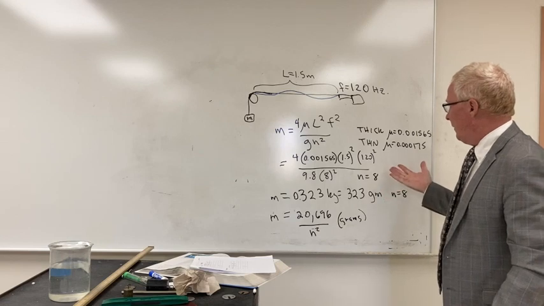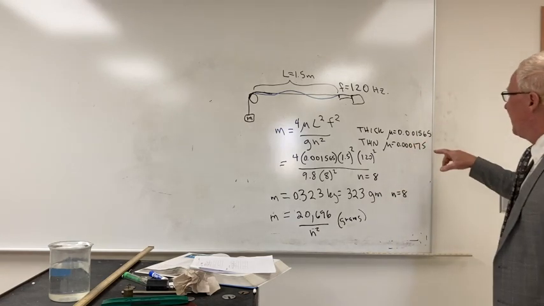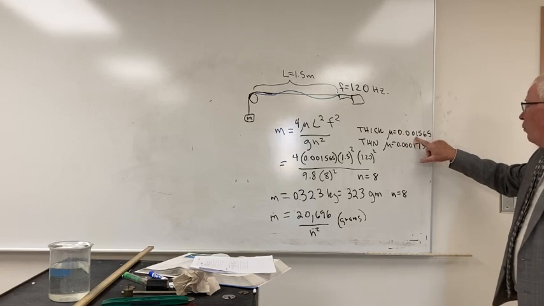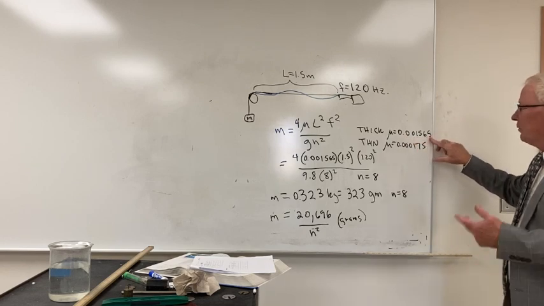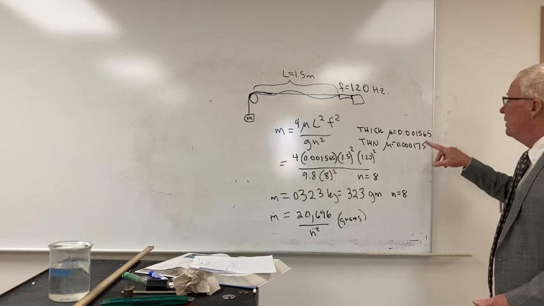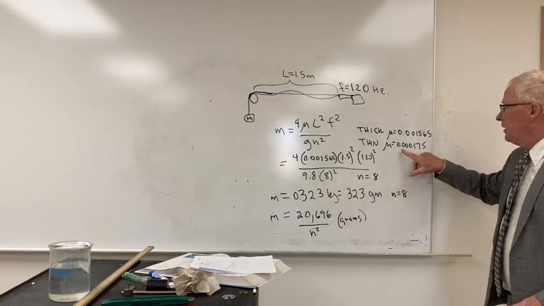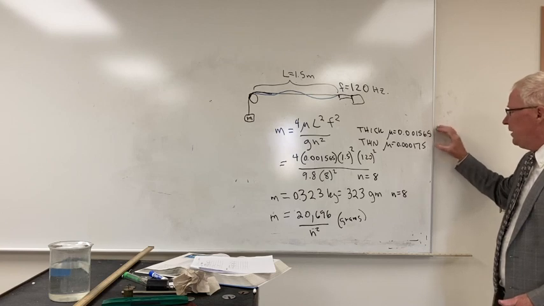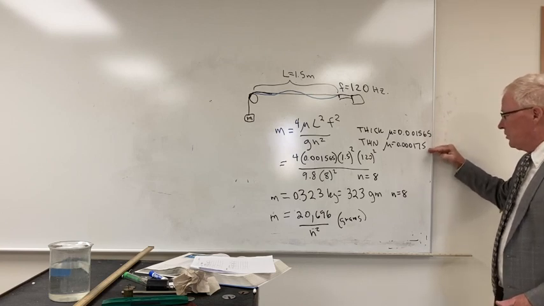So I'll do an example of this. We have a thick string which has a mu of 0.001565 kilograms per meter, and a thin string of 0.000175. So the thick string approximately weighs 8 times the thin string.